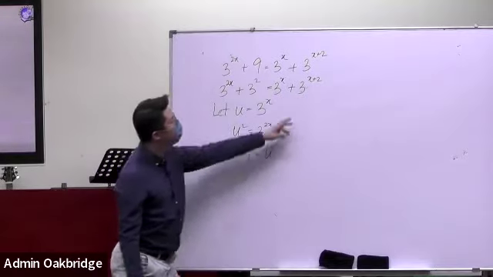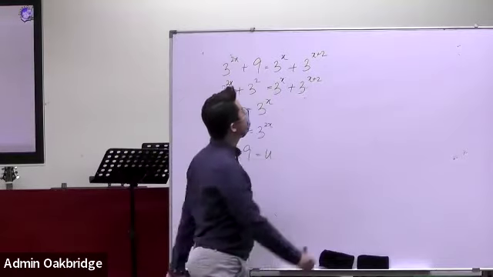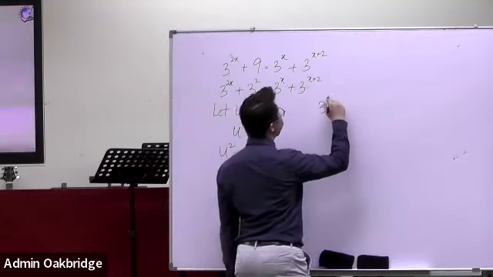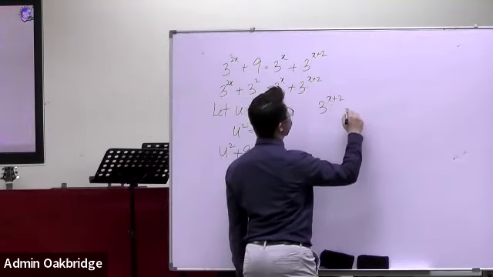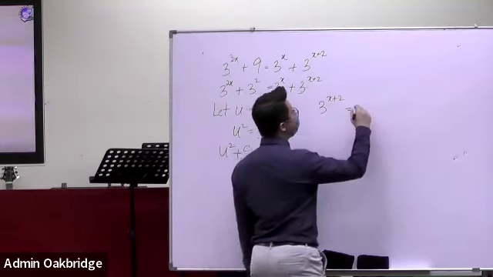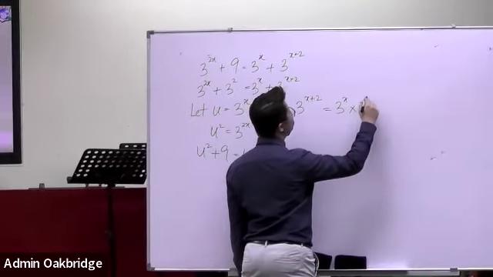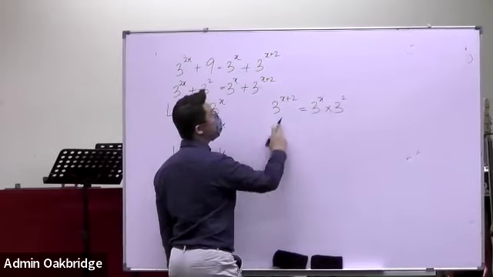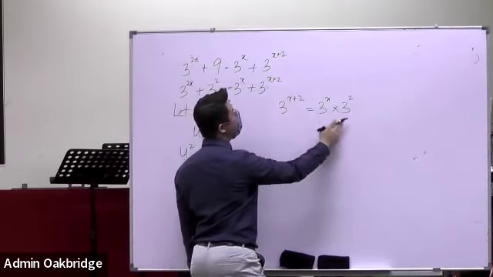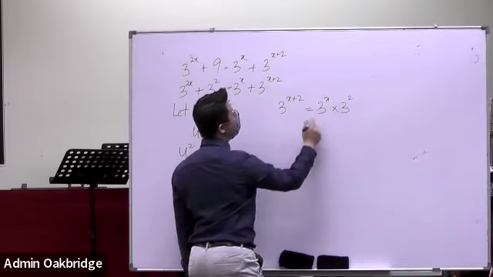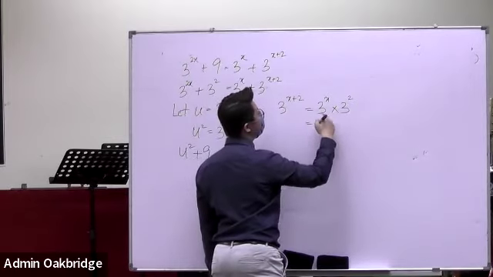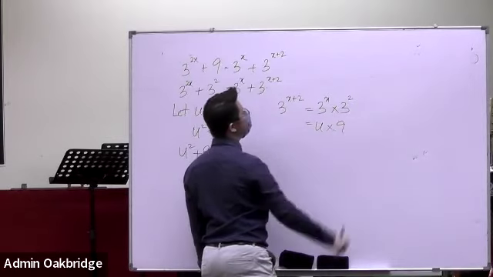So how do we replace this one? 3 to the power of x plus 2 is actually what? You can break the indices into 3 to the power of x times 3 to the power of 2. Now 3 to the power of x is u, and then times 9.